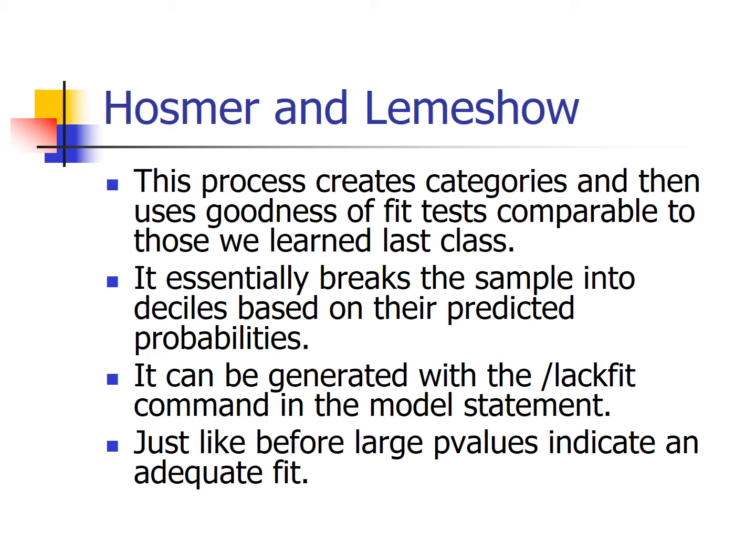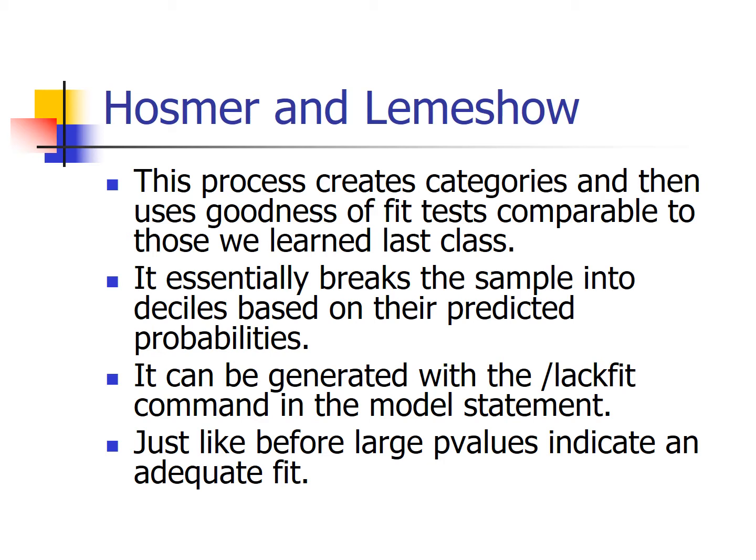It then orders those predicted probabilities and breaks them into groups, often of size 10. When we're breaking them into ordered groups of size 10, we could call those deciles. So we have a group of the observations that have the lowest probability, and then a group with the second lowest probability, and so on and so on.